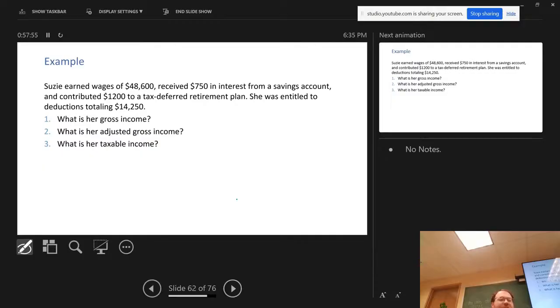And there's an example here. Susie earned wages of $48,600, received $750 in interest from a savings account, contributed $1,200 to a tax deferment retirement plan, and was entitled to deductions totaling $14,250. That sounds like the standard deduction.